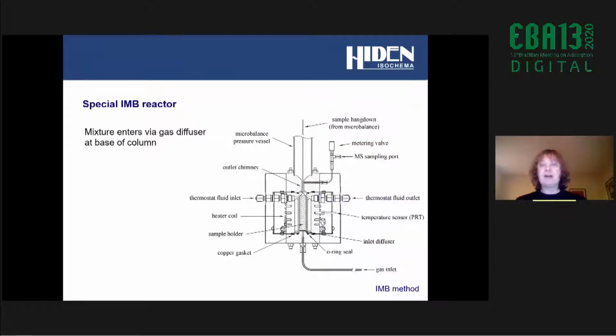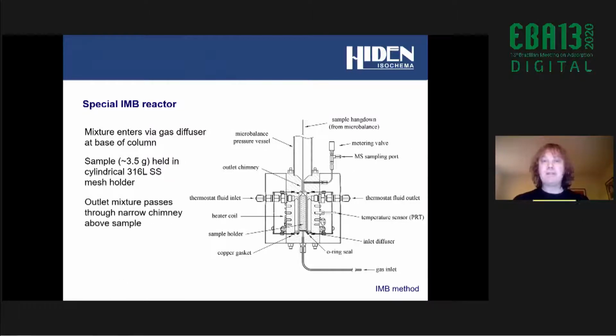We've designed a special reactor to implement this technique. The gas mixture enters the base of the reactor via a gas diffuser at the base of the column here. We have a sample suspended in a stainless steel mesh holder. It can hold about 3.5 grams of sample.